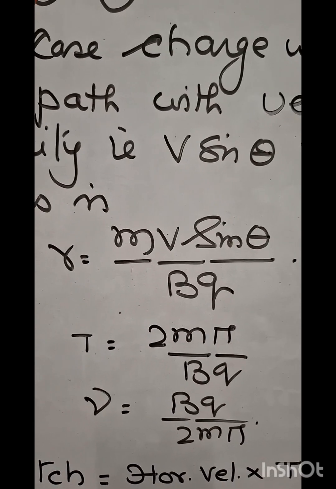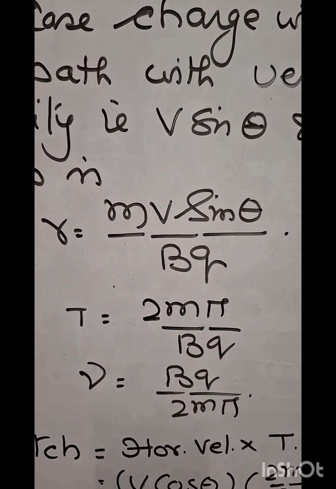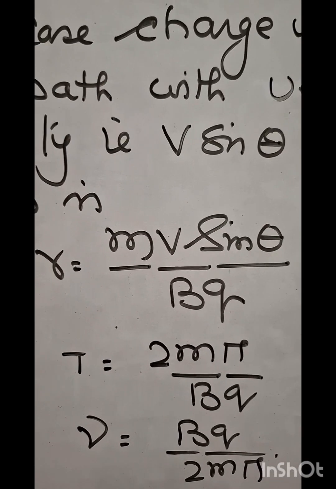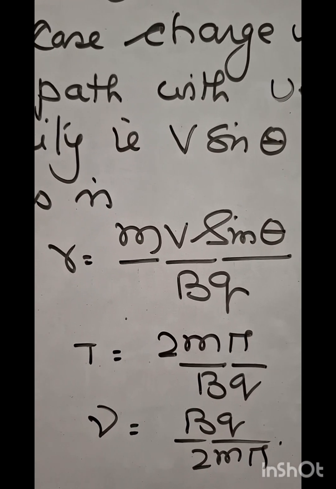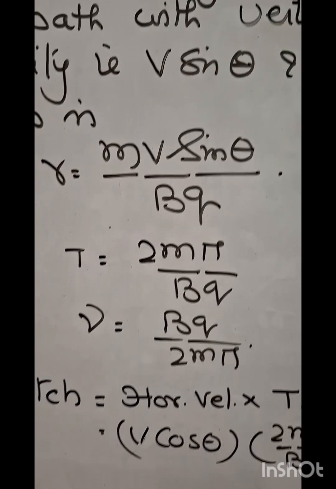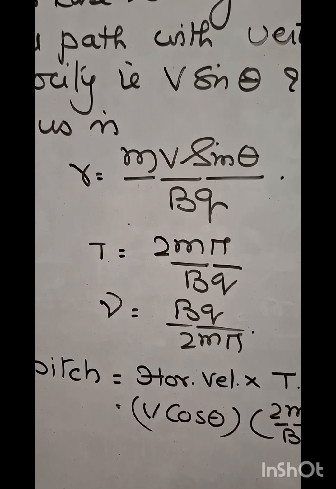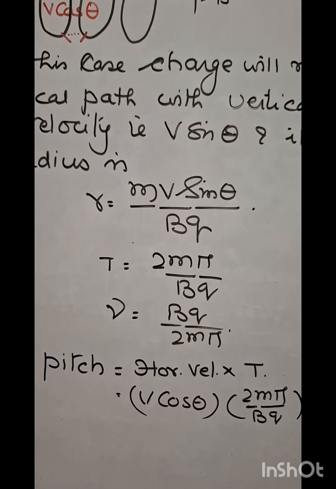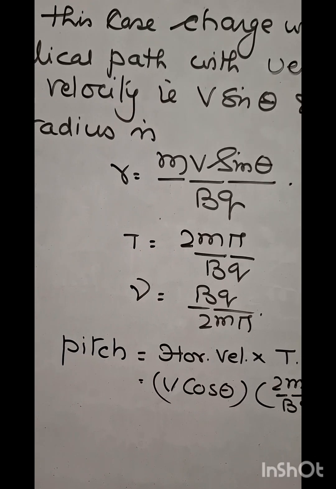That's why the radius of this helical path is given by r is equal to mv sin theta upon BQ. The expression for time period and frequency will remain same. Only the radius will change, and it is given by r is equal to mv sin theta upon BQ.